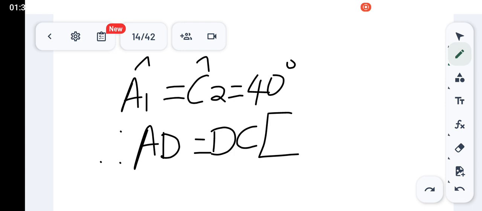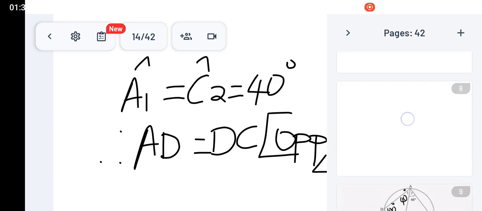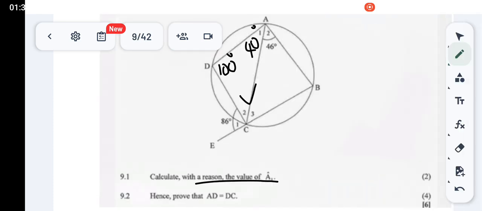For this one we will say opposite sides equal angles. Opposite sides equal angles, and that's your 4 marks. Yes, that's your 4 marks, 9.2.